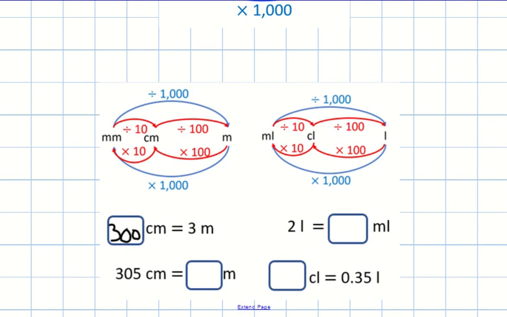To get from 305 centimetres to metres, I have to divide by 100. So let's do that. 305 divided by 100 is going to be equal to 3.05, because I've moved 2 places on a place value grid, haven't I?